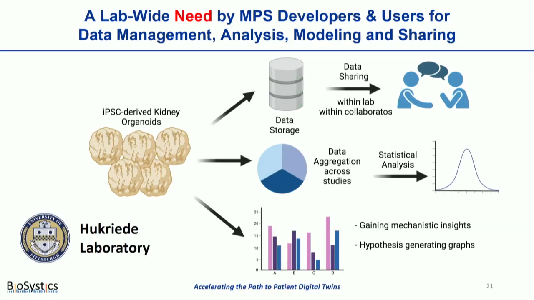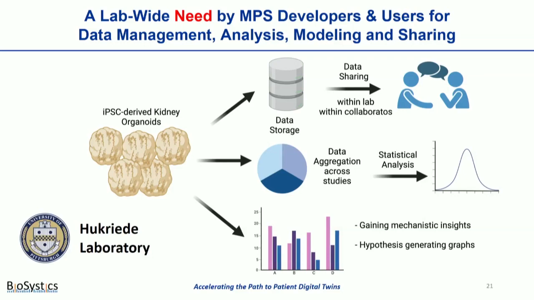Did someone 5 years ago also do this study, and are we getting a reproducible finding from 5 years ago? And lastly, to be able to not only compare these studies in a statistical way, but also to understand mechanistic insight around this, to generate graphs that can help create a hypothesis around a question that we can then study in a future experiment.